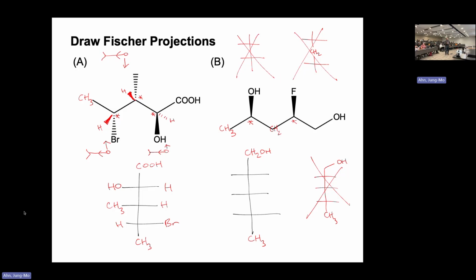Now, the first one we're going to do, to make these 2 vertical lines go away from you, you have to look from the ceiling, right? Head is in that direction, feet in that direction, because we decided to put it this way. And then now you look, there's a fluorine and hydrogen as substituents. Fluorine is coming out of the screen, right?